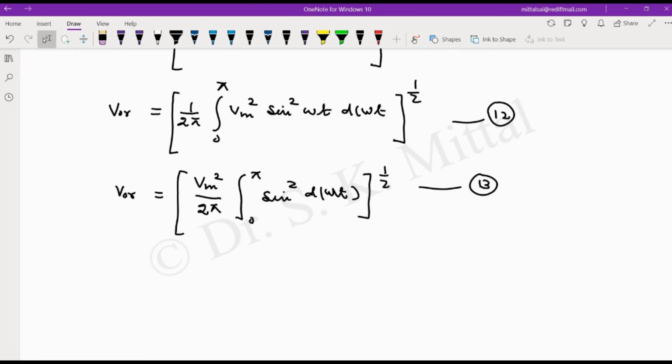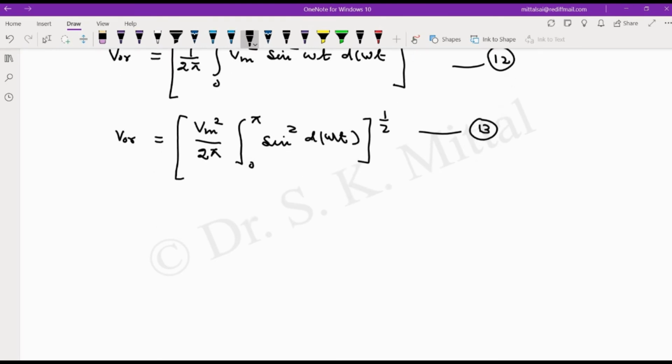Then we have to integrate sine square omega t, and we know that from trigonometry sine square omega t is equal to (1 minus cos 2 omega t) divided by 2.